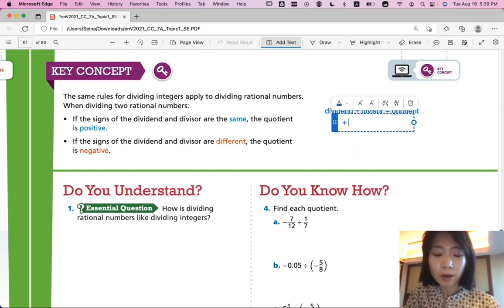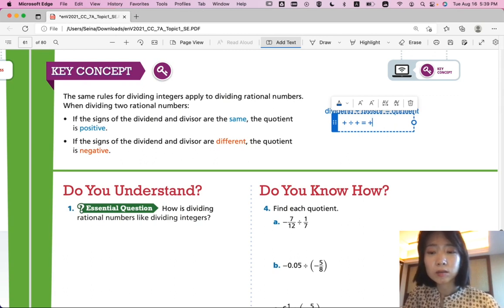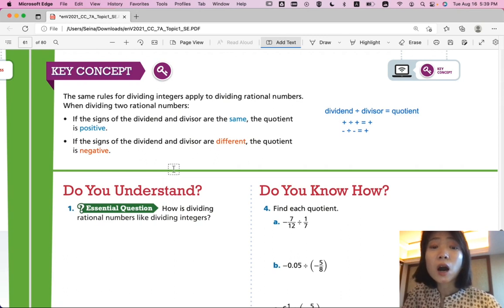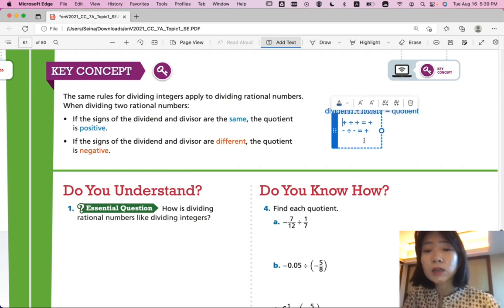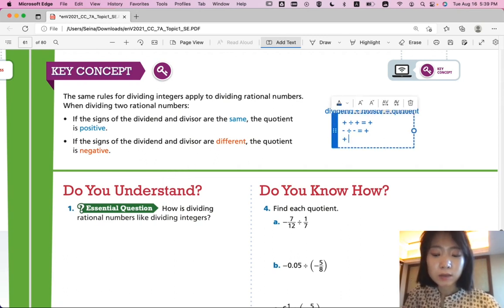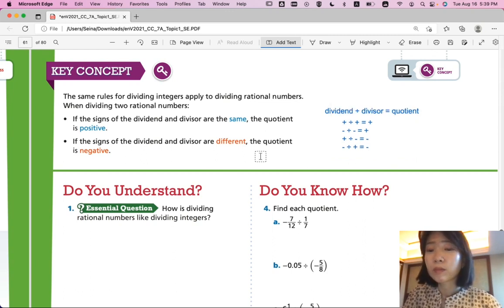So plus divided by a plus is equal to a plus. Negative divided by a negative is also a plus. If the signs of the dividend and divisor are different, the quotient is negative. So plus divided by a negative is equal to a negative. Negative divided by a plus is equal to a negative. And that applies for multiplication as well.